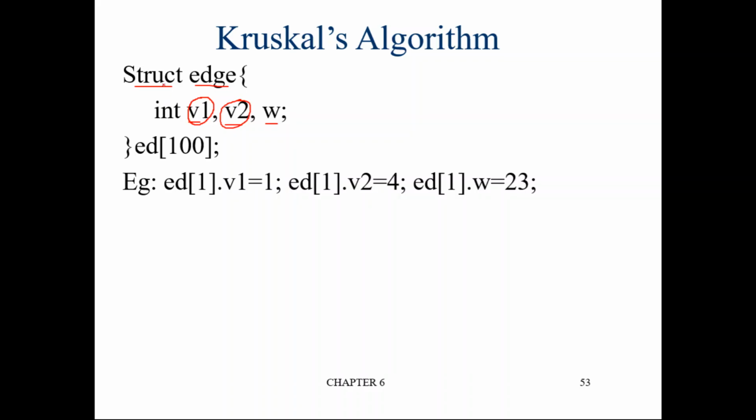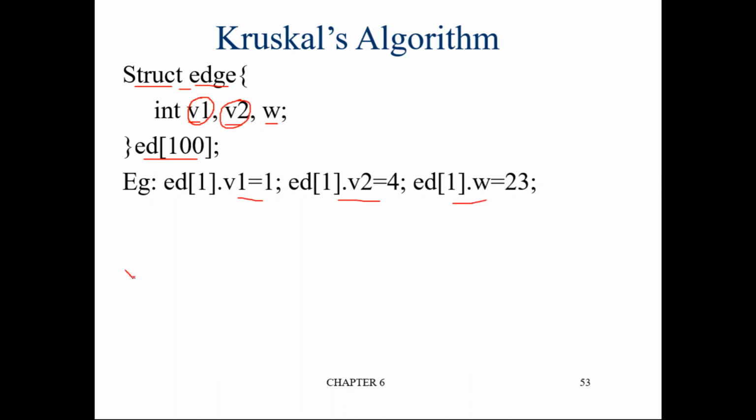So this is how we can define a structure edge. And we can create an array of members for this. Then you can initialize something like this. For example, ed of 1 dot v1 equal to 1, ed of 1 dot v2 equal to 4, ed of 1 dot w equal to 23.